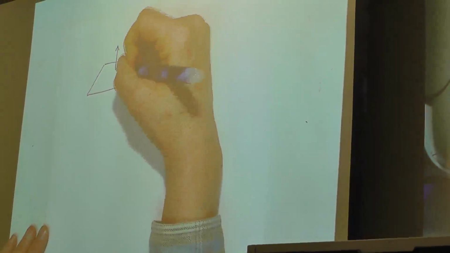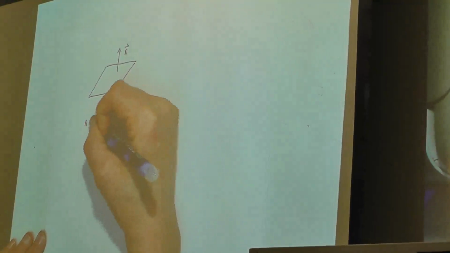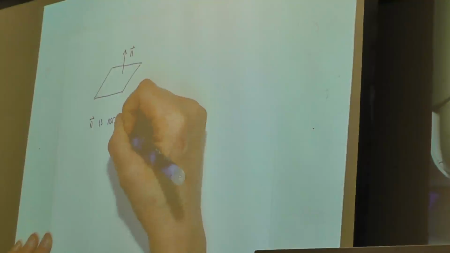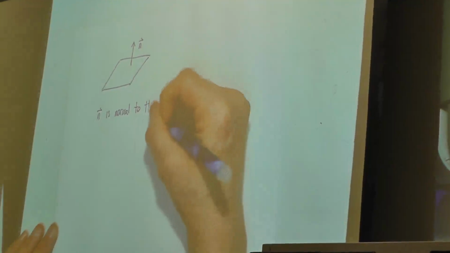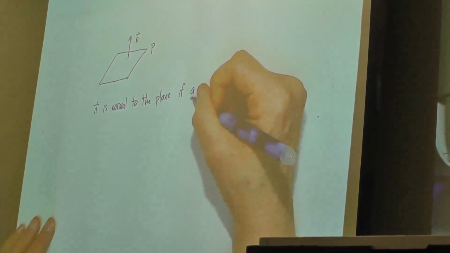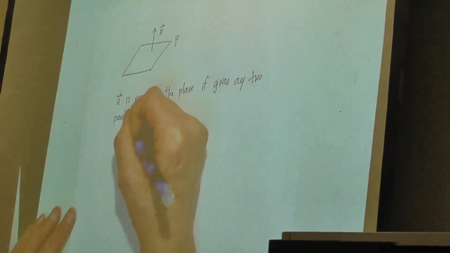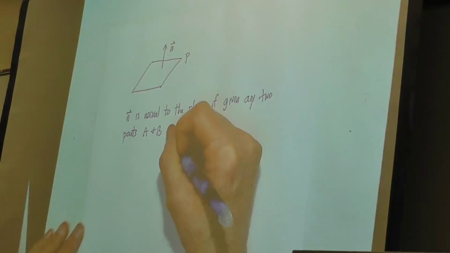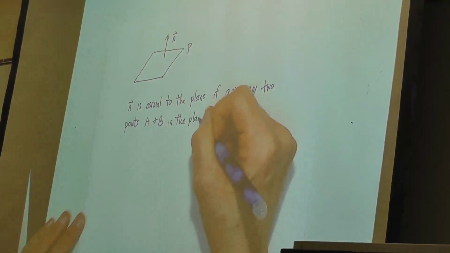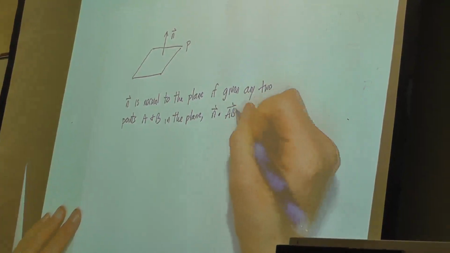So to begin with, if I have a plane P and I have a vector, I'll call that vector n, and I'll say that n, that vector, is normal to the plane P if, given any 2 points A and B in the plane, n dotted with the vector AB is 0.